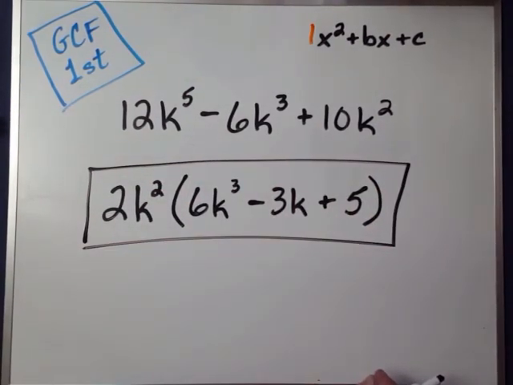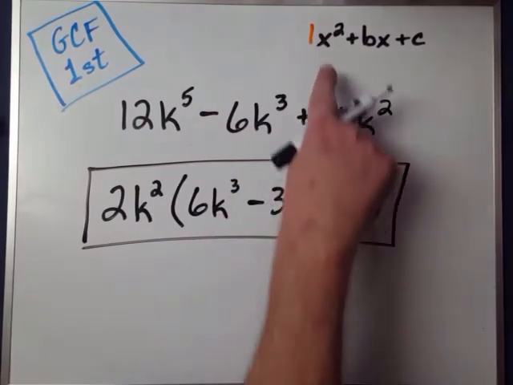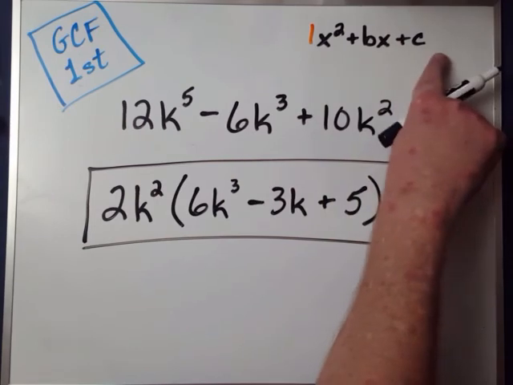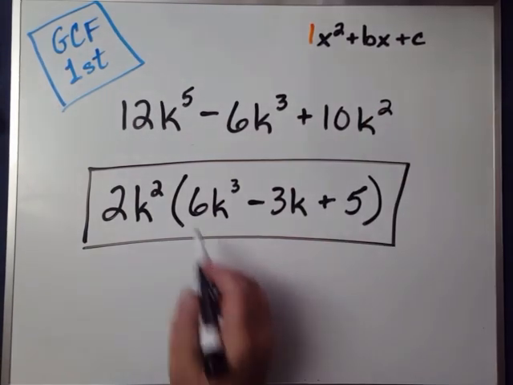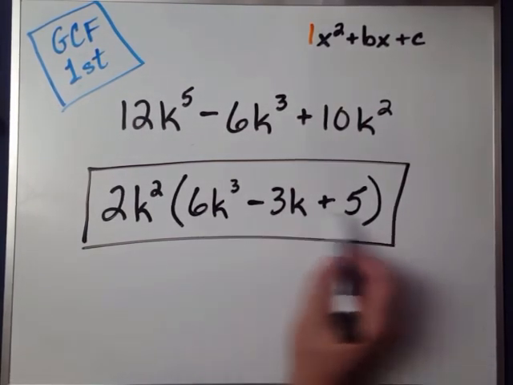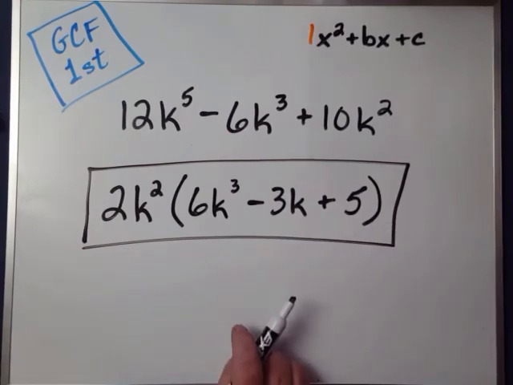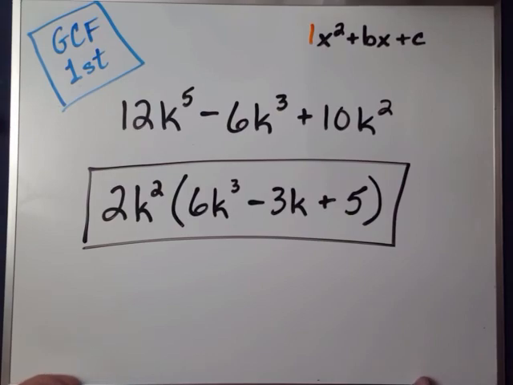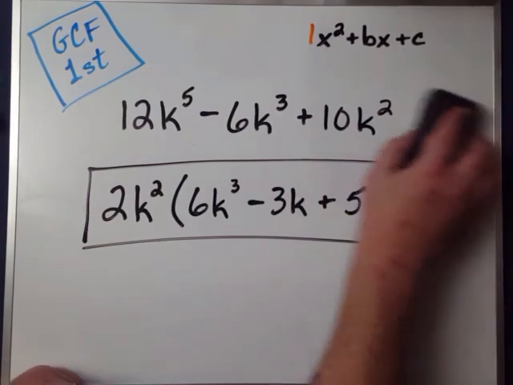I can factor out a greatest common factor, and then there's nothing else I can do with it. It doesn't look like one of these. And we discovered there is nothing I can do with that. So that's factored completely.